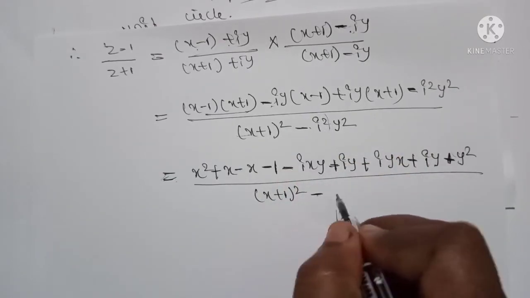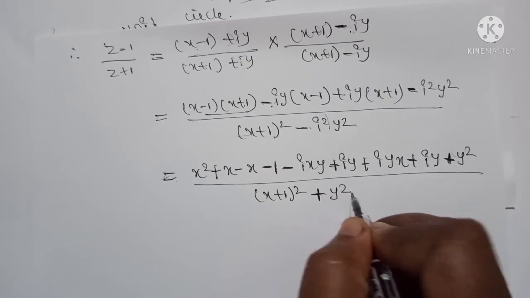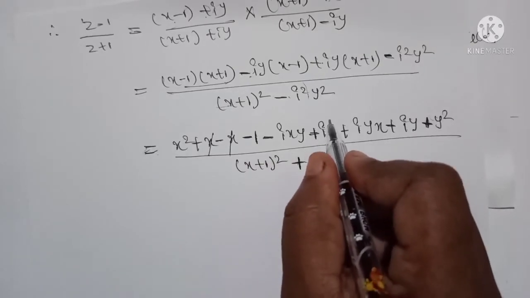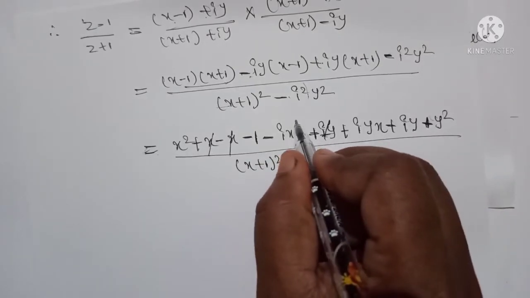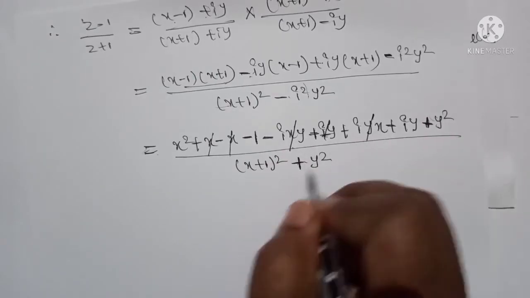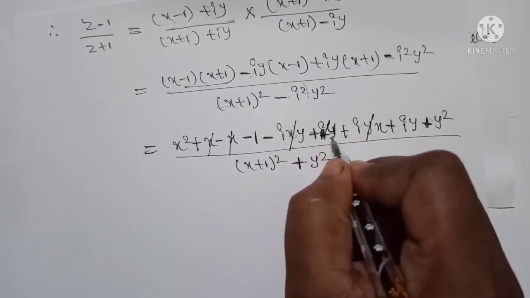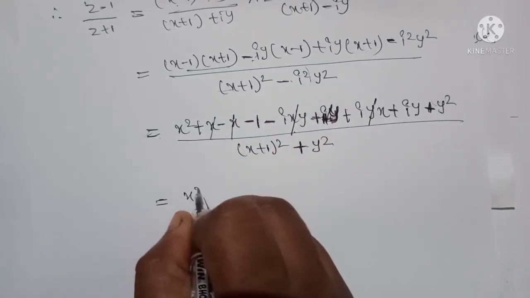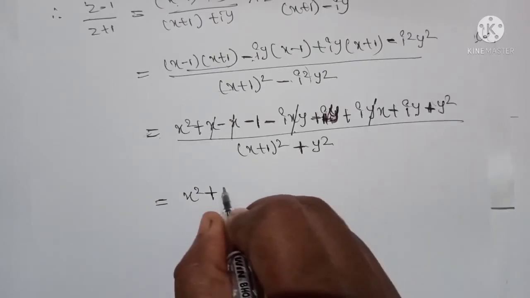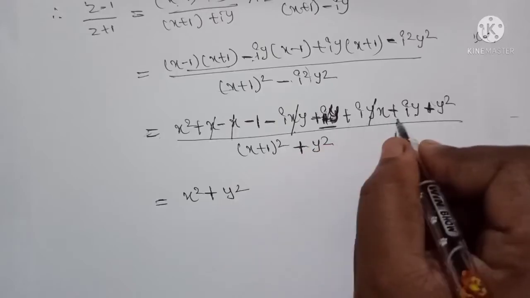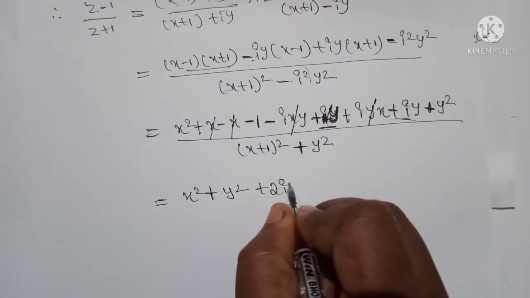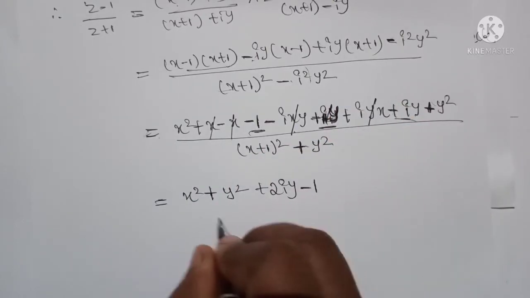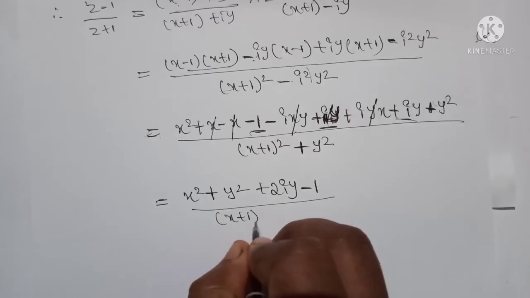So here minus ixy and plus ixy get cancelled, so the rest remains as it is. Now simplifying this one, we get x square plus y square minus 1 plus 2iy, divided by this denominator as it is.